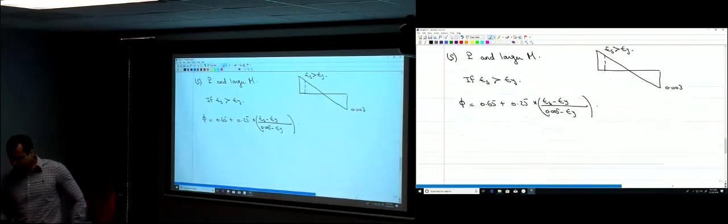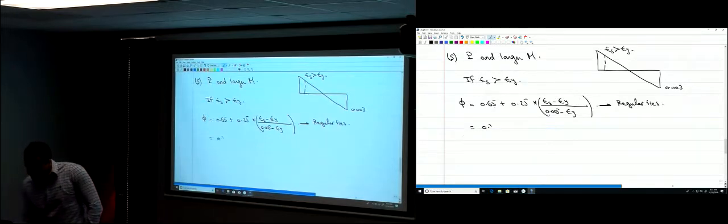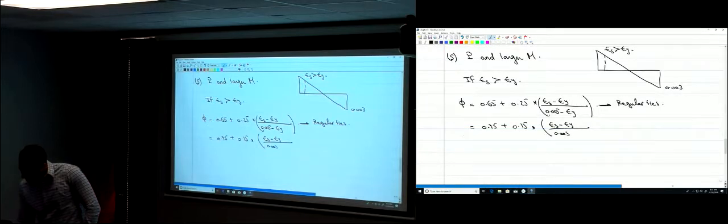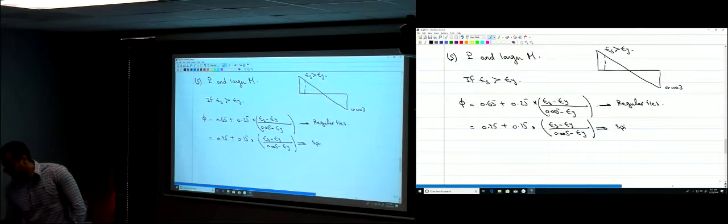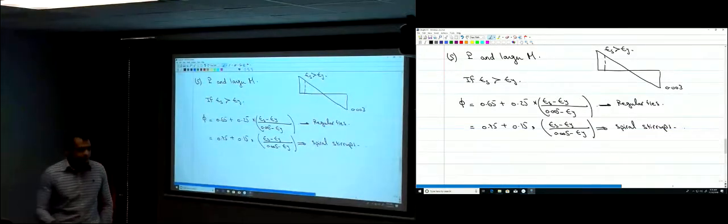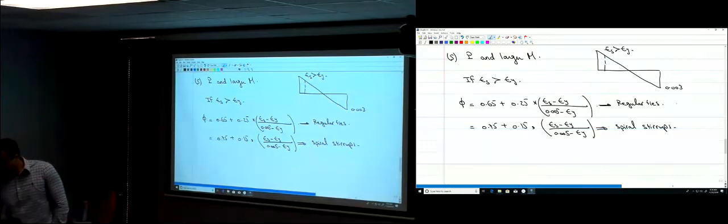This is when you have regular ties, and it's like this when you have spiral stirrups. And the value of phi here cannot be larger than 0.9.